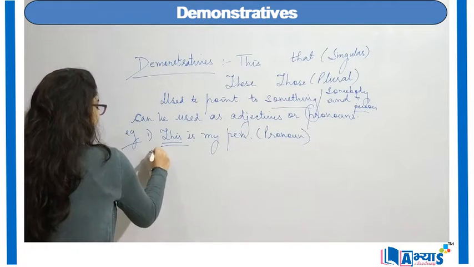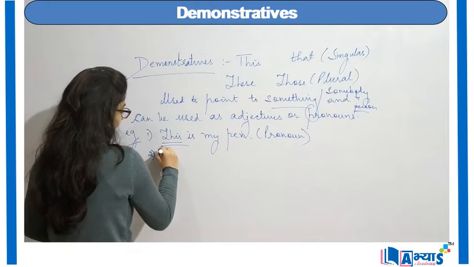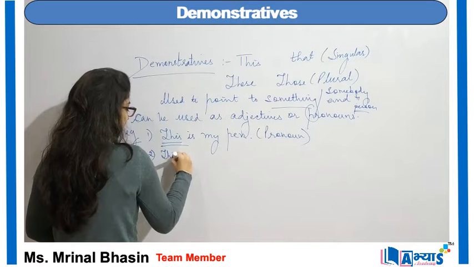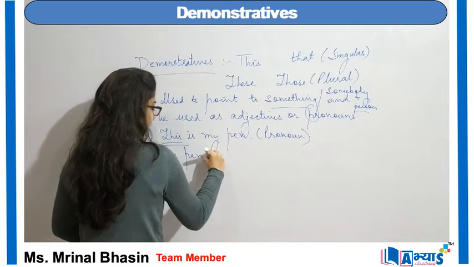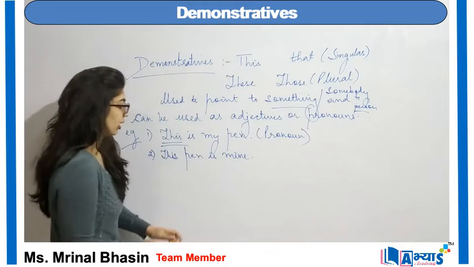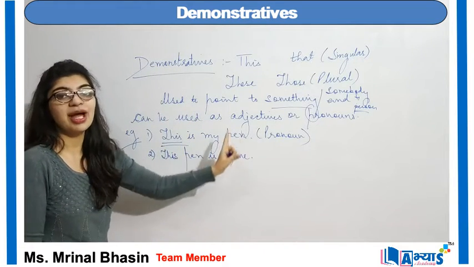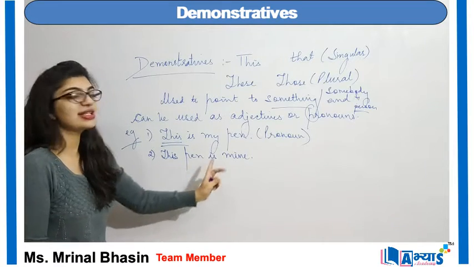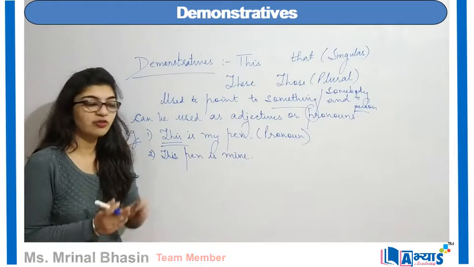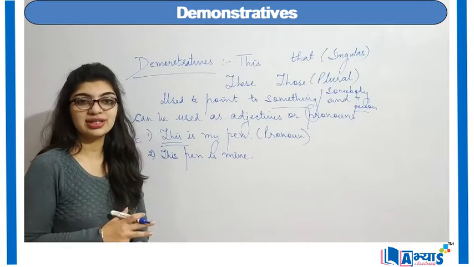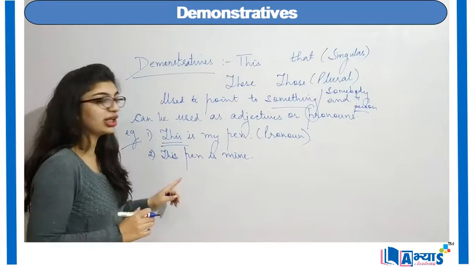Then I can say, this pen is mine. Here I am saying this is my pen, and then in the next statement I am saying this pen is mine. The meaning of both of these is the same, but the usage of this becomes different in both.